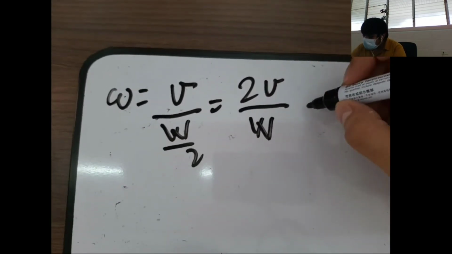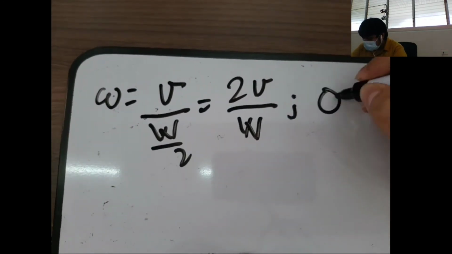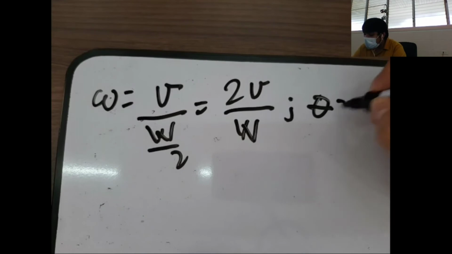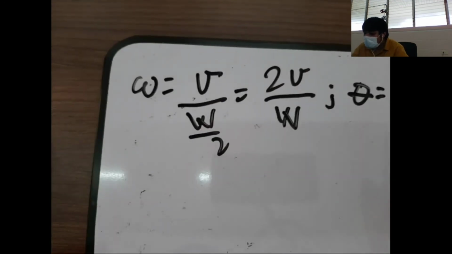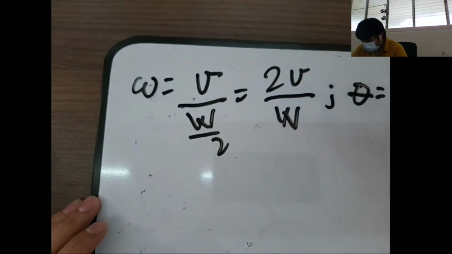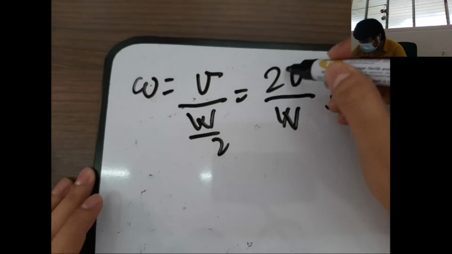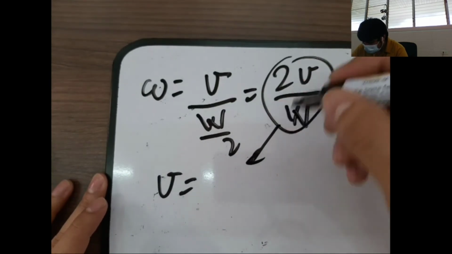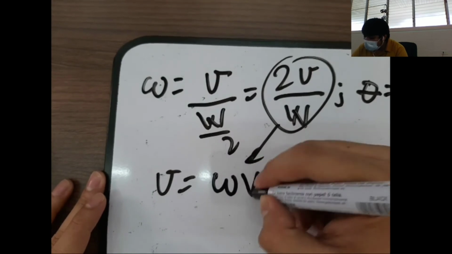Also, in terms of the angle over time, from the angular velocity, theta, or the angle of motion, is equal to omega times time. So from here we get the velocity. So velocity here is equal to omega times W over 2.